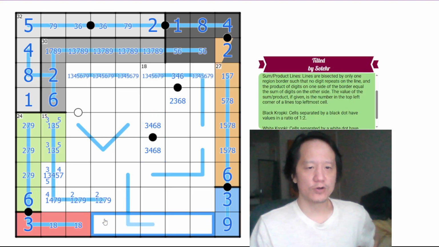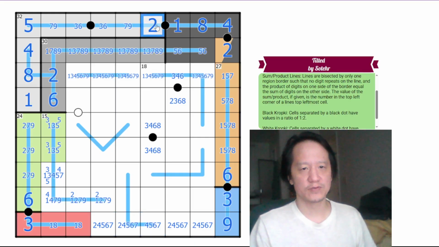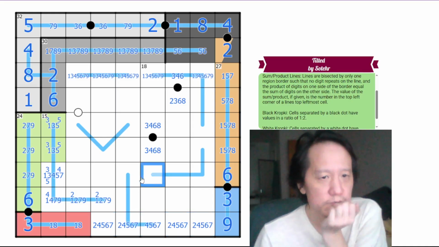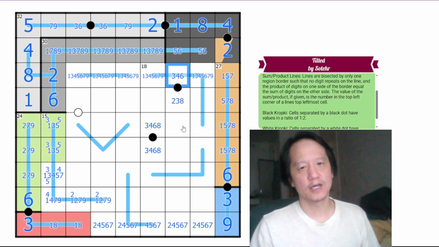The rest of row 9 has to be 2, 4, 5, 6, 7. That's interesting. This can't be 2 because of the 2 in the column. Okay. This 6 eliminates 6 here, so this can't be 3.